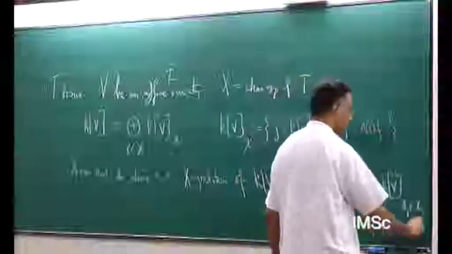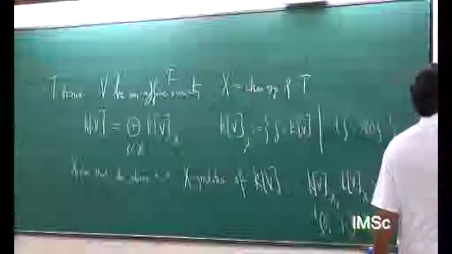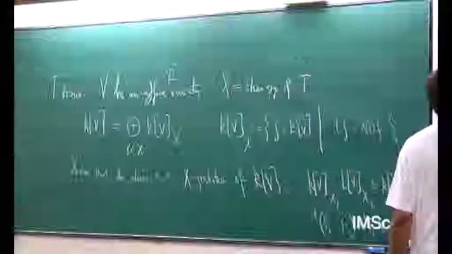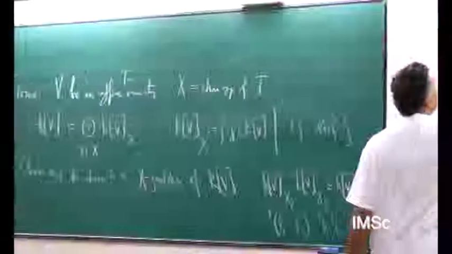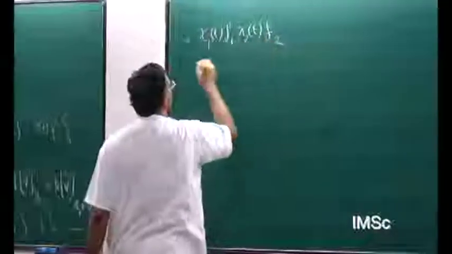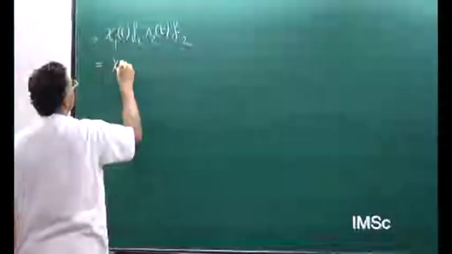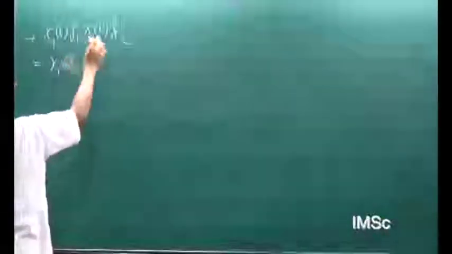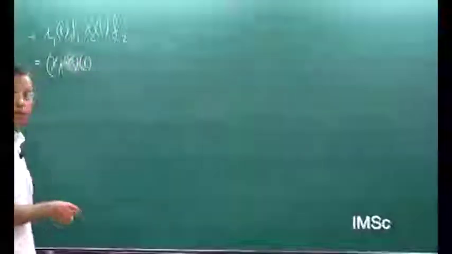So this is chi1(t) times chi2(t), but that's exactly what we mean by (chi1 + chi2)(t).